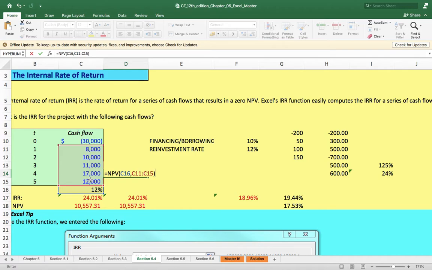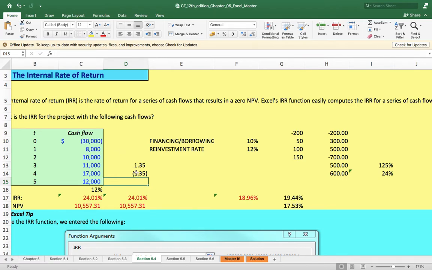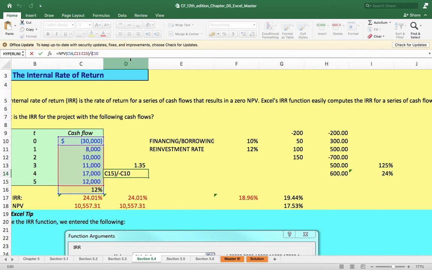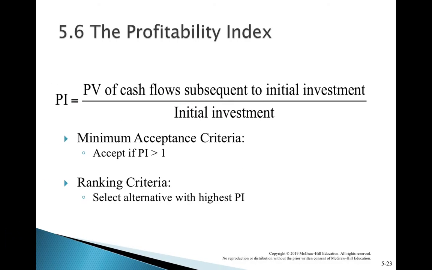Normally NPV means plus the initial investment, but we will not add the initial investment. We will divide by the initial investment, and that gives you the profitability index. Because the initial investment is given as negative, the value comes negative, so with a minus sign the value will come positive. So this is the way we calculate the profitability index.